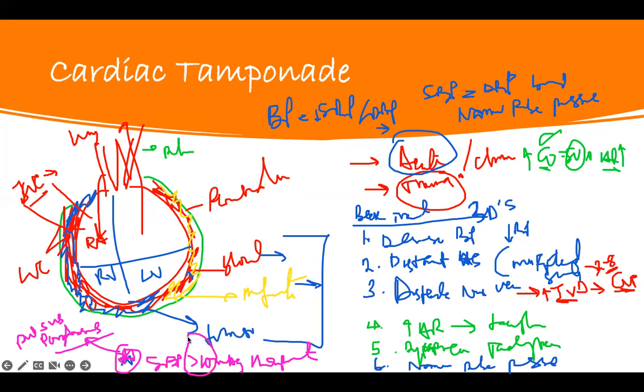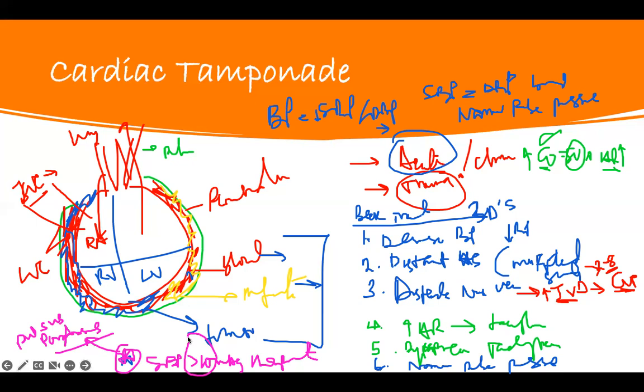So let's recap. Tamponade signs: there are 3 Ds. That's classic. This is the big Beck's triad. That means 3, and they are the 3 Ds: decreased blood pressure, decreased or distant heart sound, and distended neck vein.